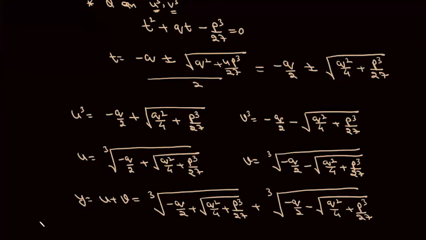And we know that x is y minus a by 3. So we can put the value of y from this and we'll get our x, which is the root of this cubic equation.